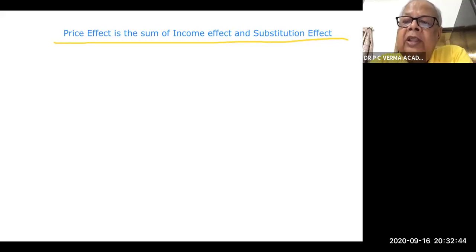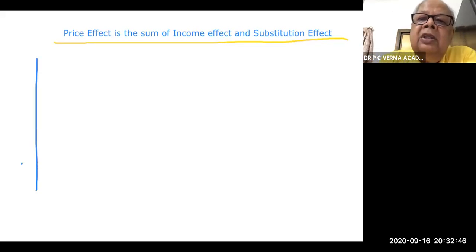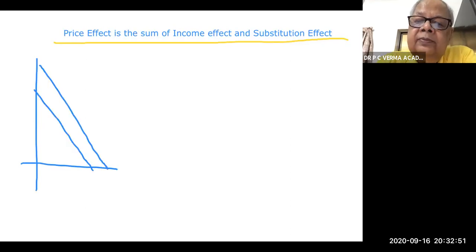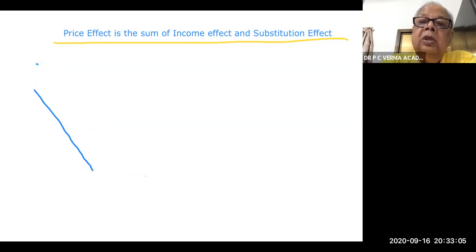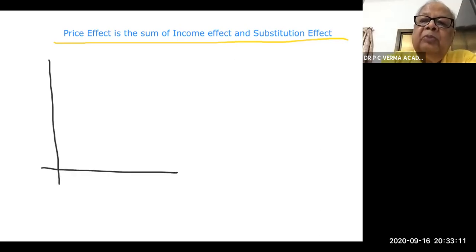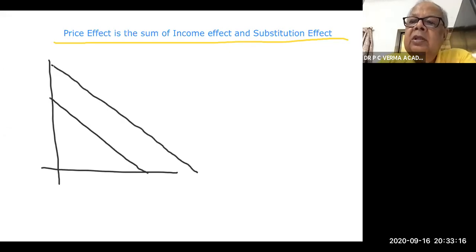We have already studied earlier that under income effect, we will have two parallel budget lines.